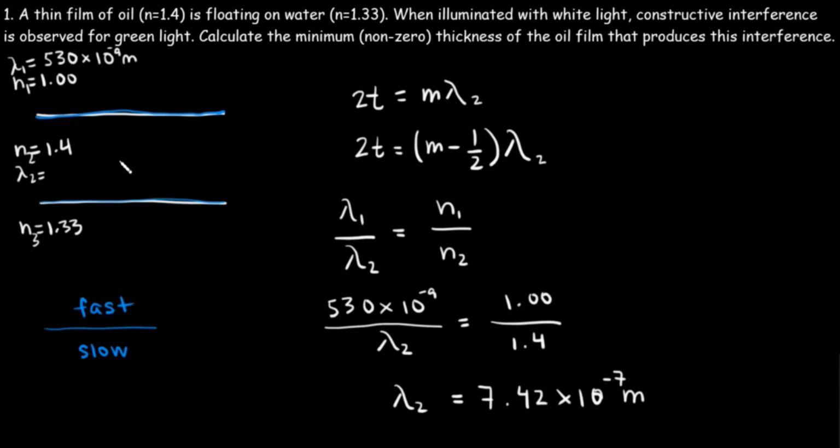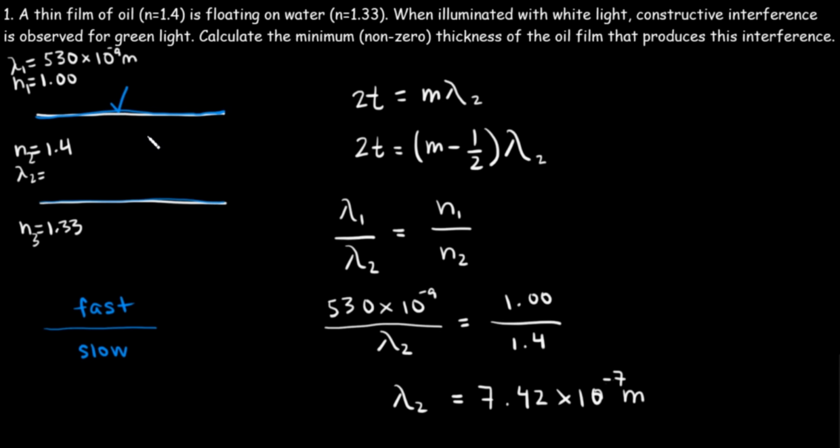So from air to oil, if we take a look at the index of refraction, the index of refraction for air is 1, and the index of refraction for oil is 1.4. 1.4 is bigger than 1, which means that oil is slower than air. That means there's going to be a phase shift.